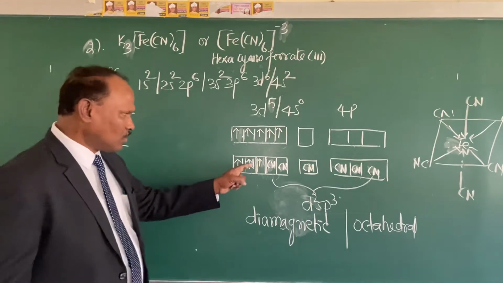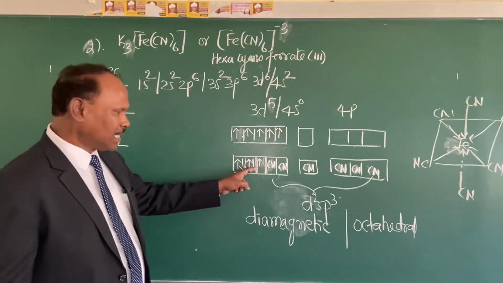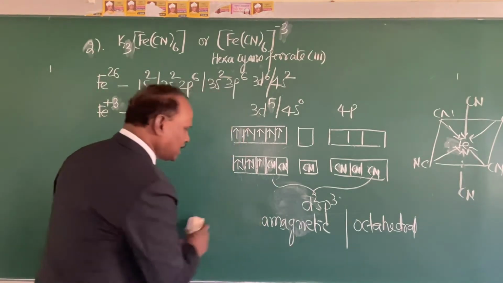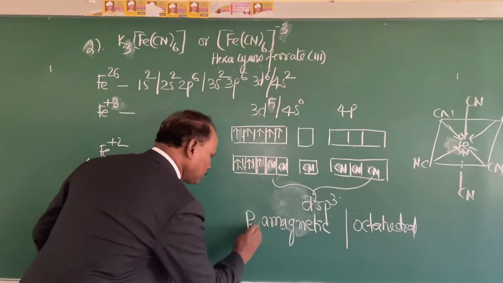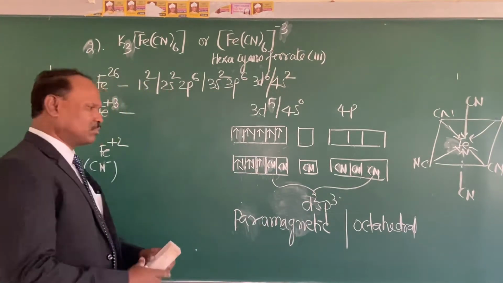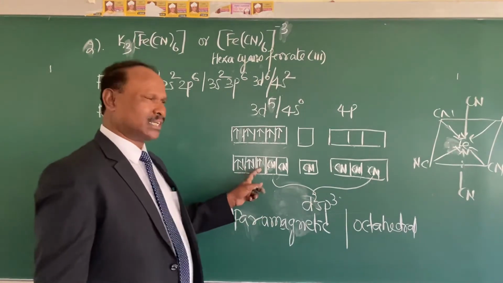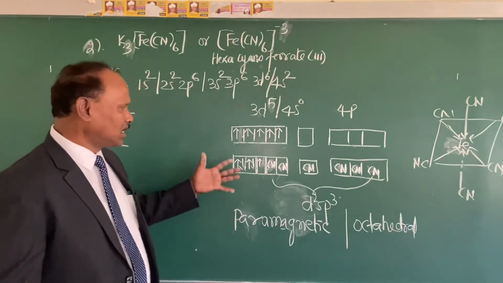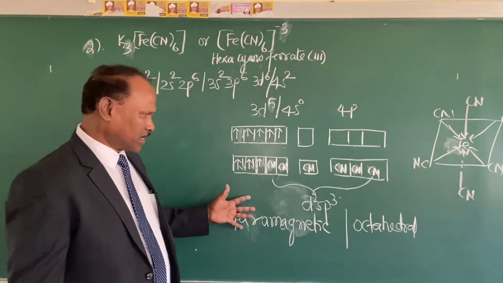It has 1 unpaired electron. Therefore, it is said to be paramagnetic in nature. In other words, it has a slightly reduced magnetic property.